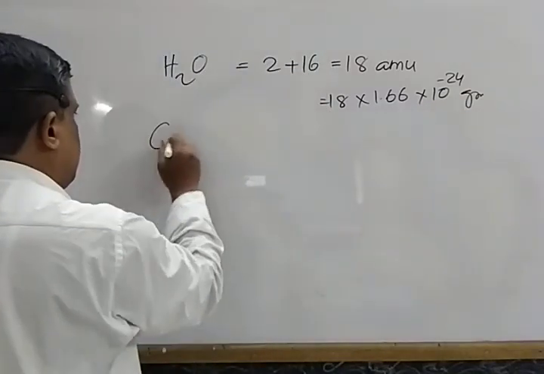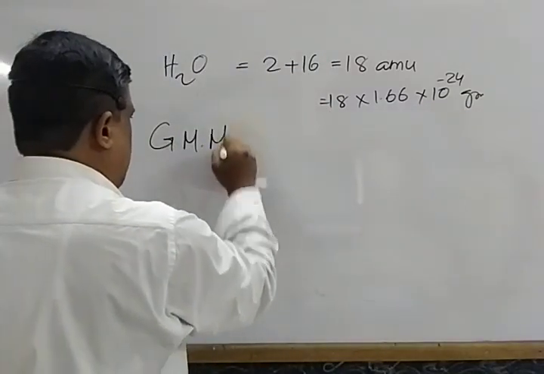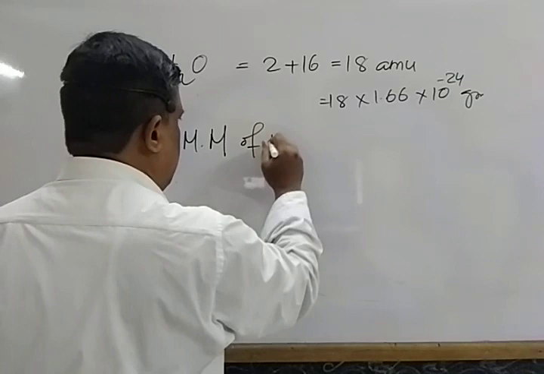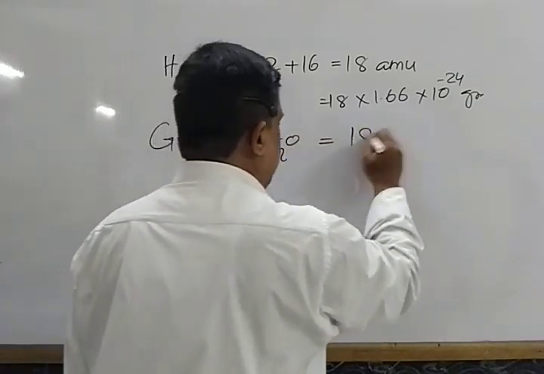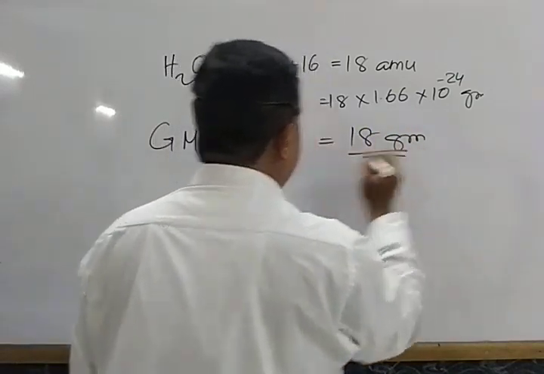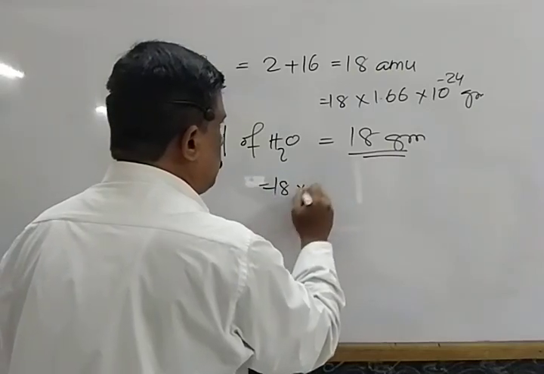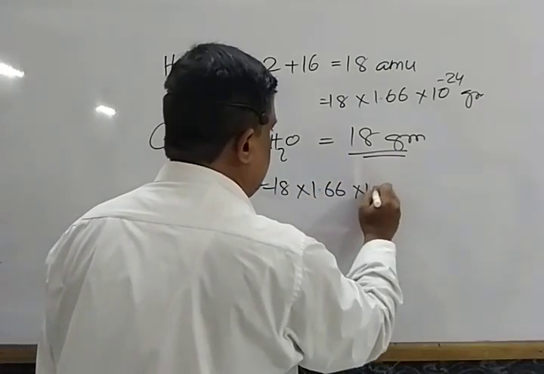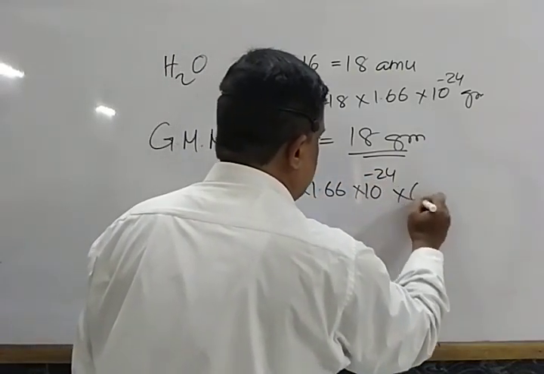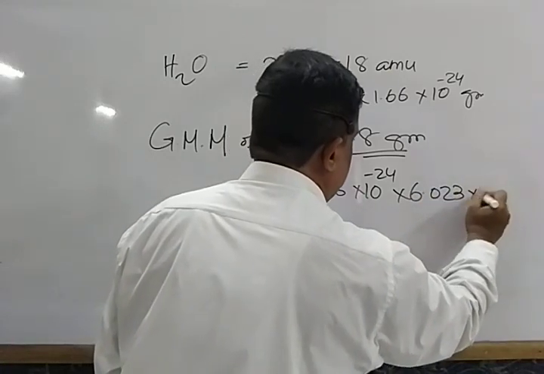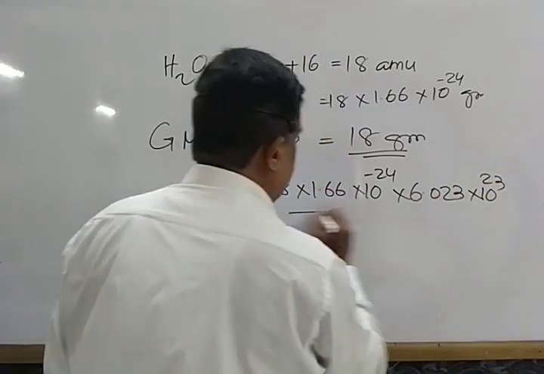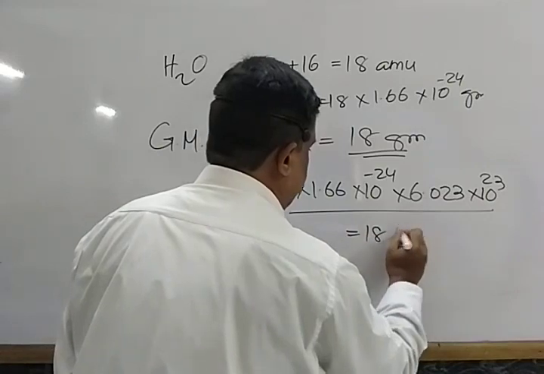On the other hand, gram molecular mass of water is equal to 18 gram. How is it? It is equal to 18 into 1.66 into 10 to the power minus 24 into Avogadro number. This one is equivalent to 18 gram.